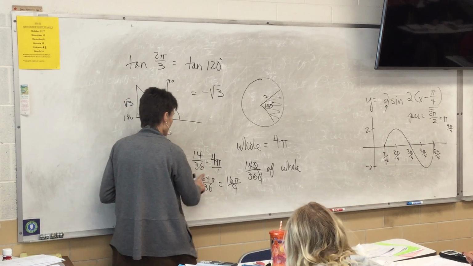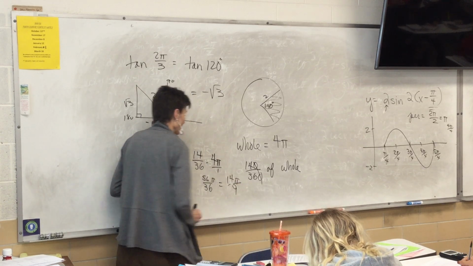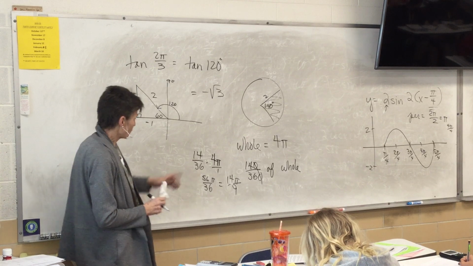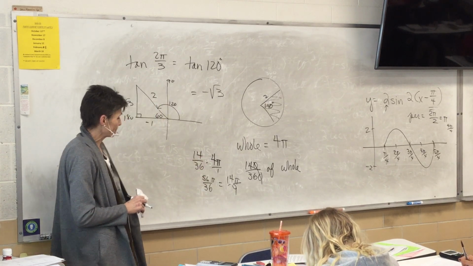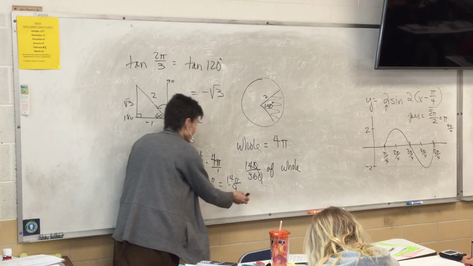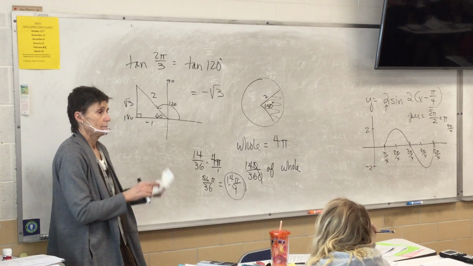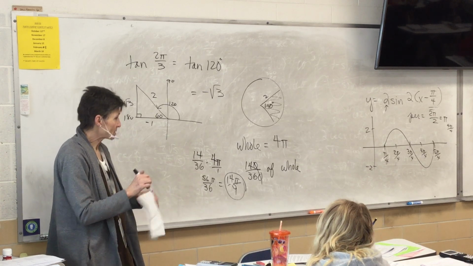Oh, that's not 64, that's 56. Which is 14 pi over 9, here we go, that's better. 14 times 4 is 56. So the answer is 14 pi over 9. So for future reference, what was the strategy?